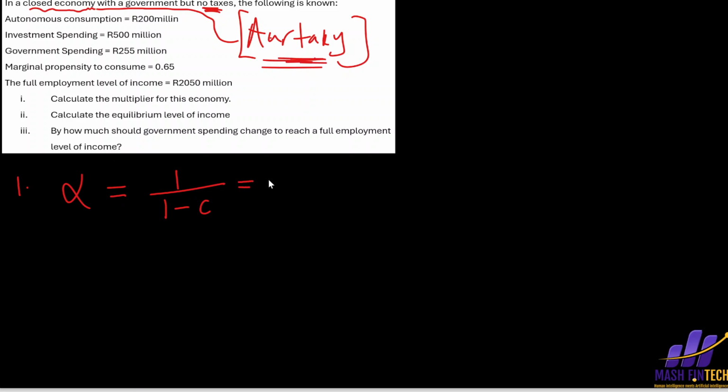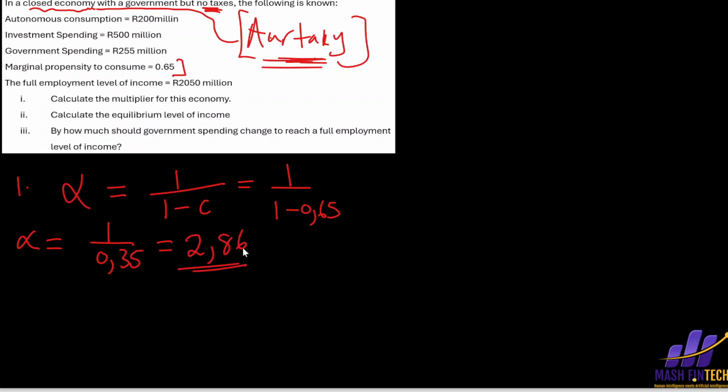So this is 1 over 1 minus the marginal propensity to consume, which is given here as 0.65, which is alpha. The multiplier is 1 over 0.35. Put this in your calculator. You should get 2.86. I've rounded this to 2 decimal places.